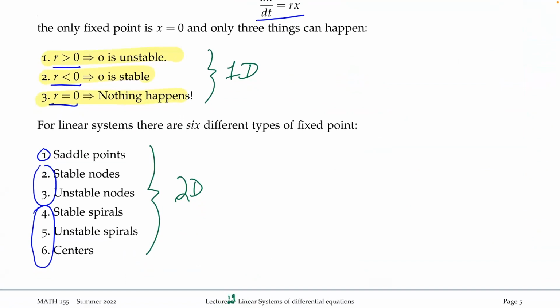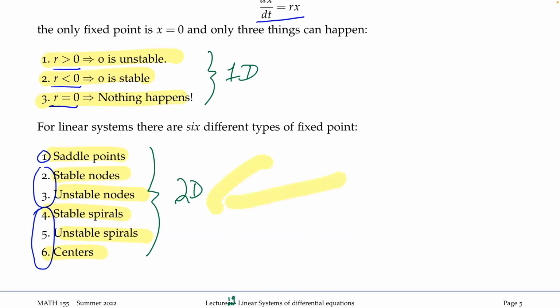Now we have a range of different outcomes. We can have things called saddle points, stable and unstable nodes, and then stable spirals, unstable spirals, and centers. Okay, so when I talk about classifying equilibria, I mean classifying them according to these 6 different outcomes that you can have.